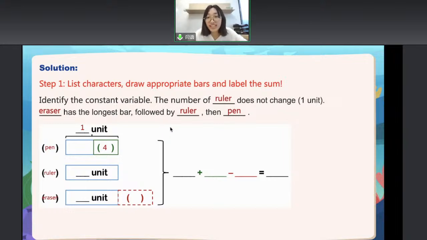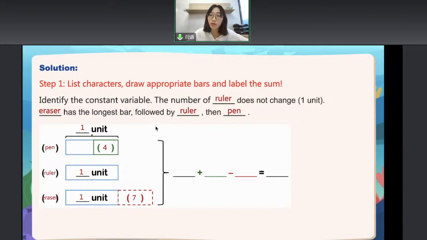The number of a ruler doesn't change, so it is always 1 unit. And what about eraser? Originally, it should be more than 1 unit. Okay, question. How many more? Now, everyone, can you try to read the question by yourself? How many more? Excellent. It should be 7.